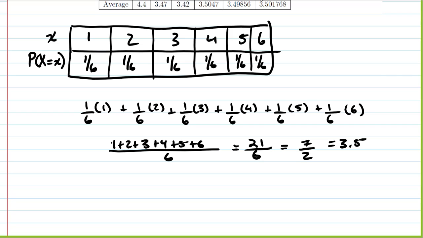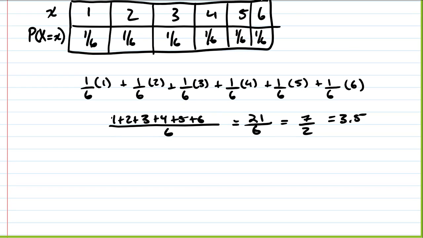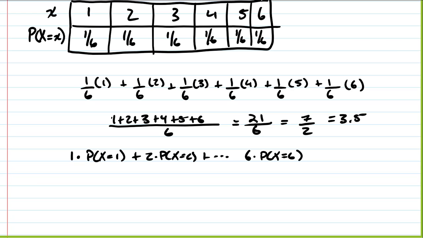So to find the average of this, what did we do? We took the value, which was x, and we multiplied it by what? By the probability that the random variable x was equal to this. So really what we had was 1 times the probability that x equals 1, plus 2 times the probability that x equals 2, all the way out to 6 times the probability that x equals 6.